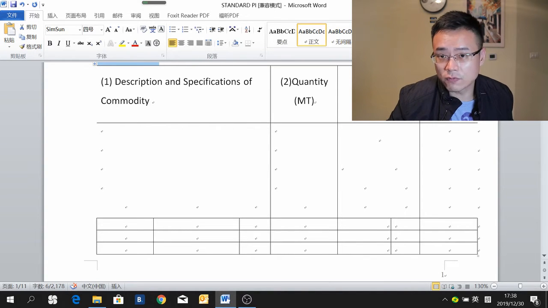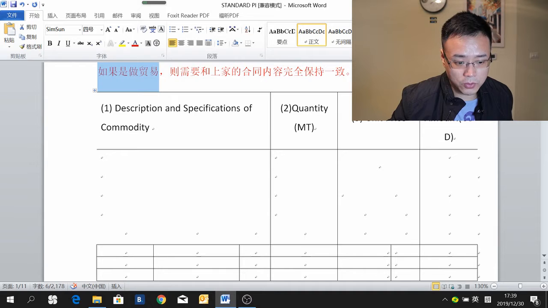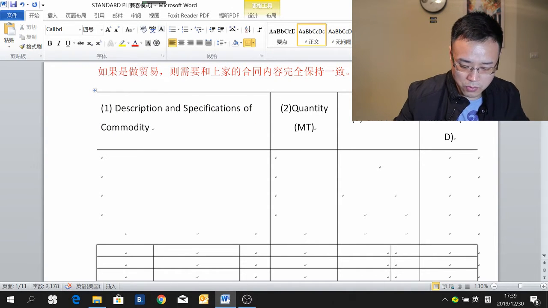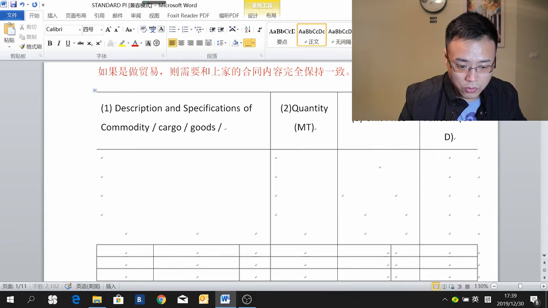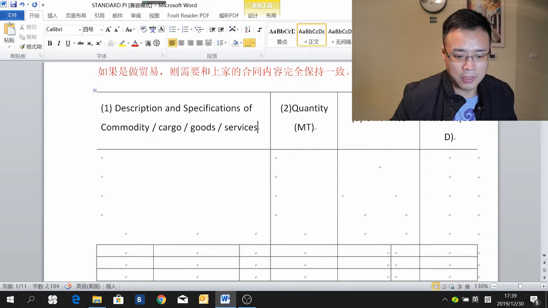You receive an LC from your buyer and you issue a back-to-back LC to your seller. So you have to make sure the specification of the commodity or cargo or goods or services is exactly the same.